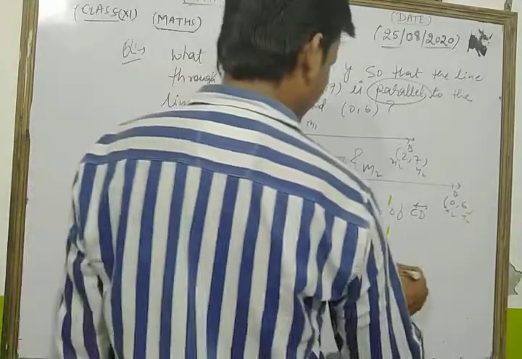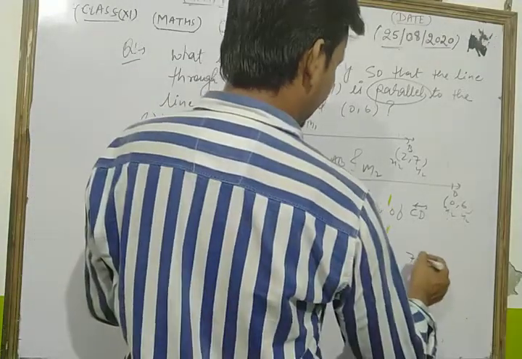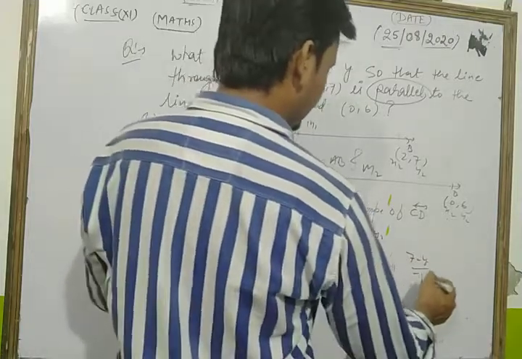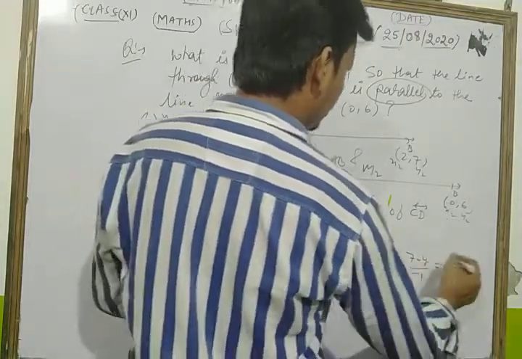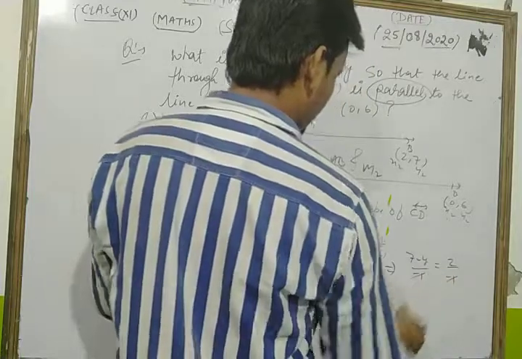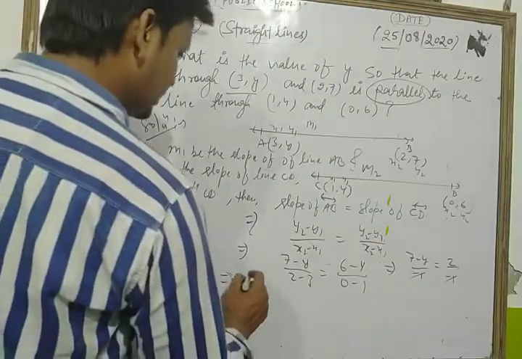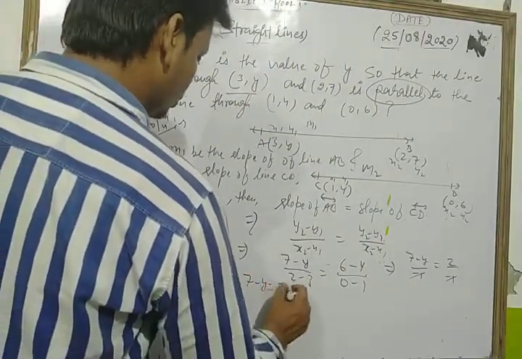Now solving this, we get 7 minus y, and we write minus 1 here, and here we get 2 upon minus 1. The minus 1s cancel each other, so we get 7 minus y is equal to 2.